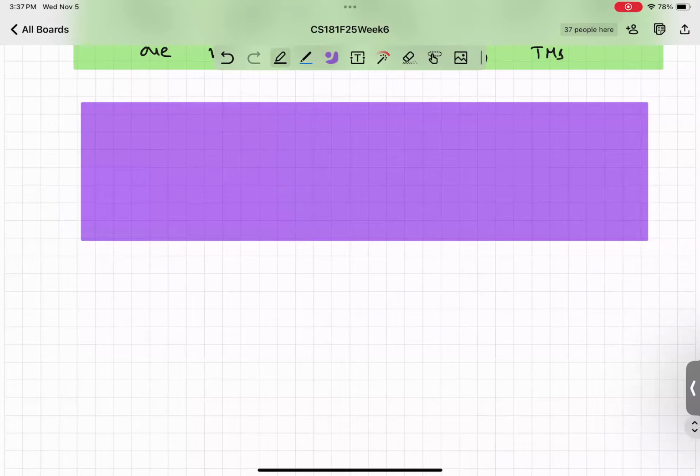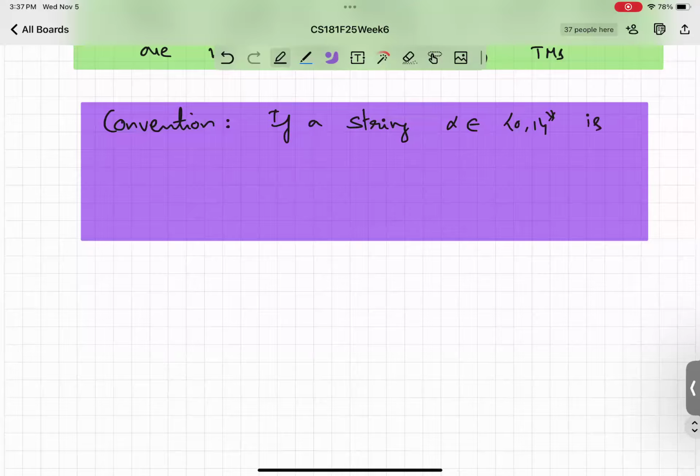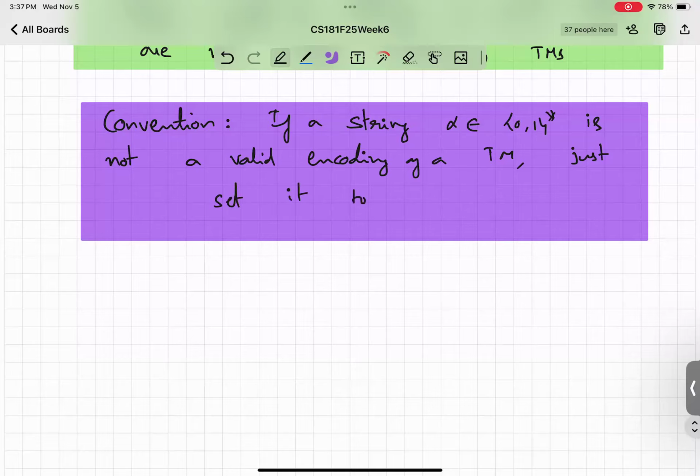We are going to adopt a convention. If a string alpha is not a valid encoding of a Turing machine, just set it to mean a Turing machine that always outputs 0.